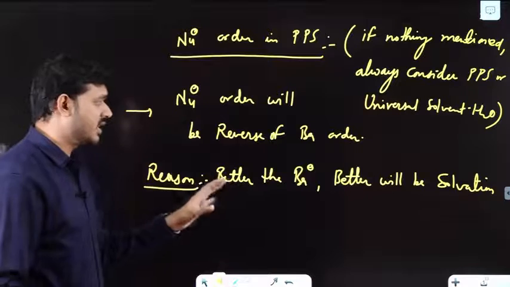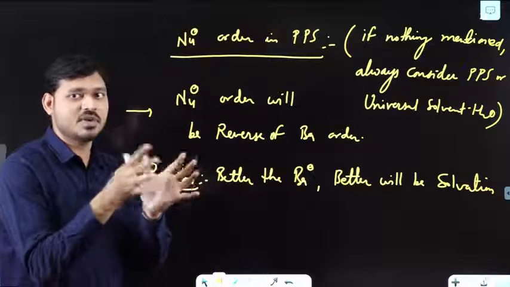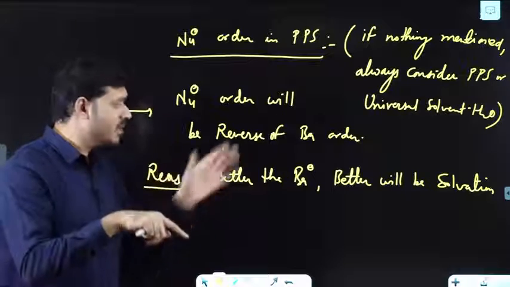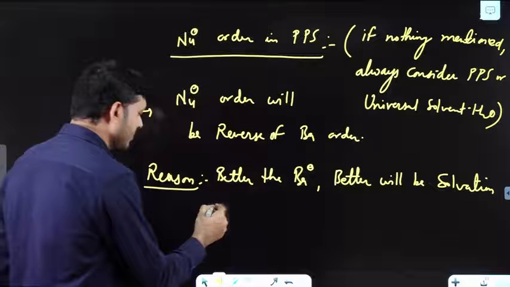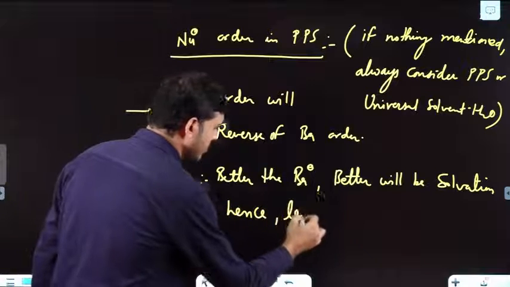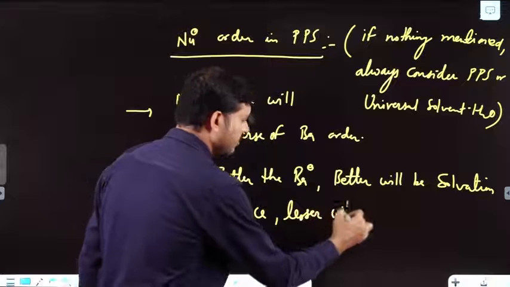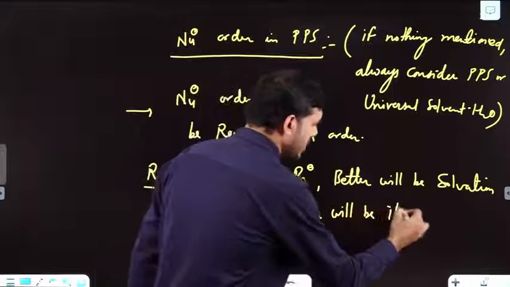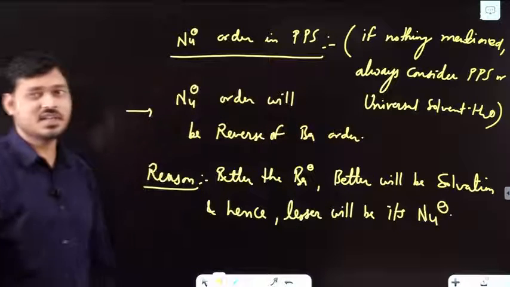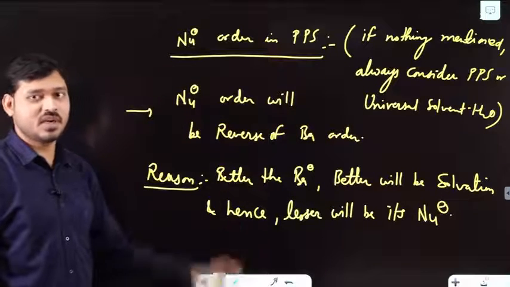The same species which you are taking acts as a base and as a nucleophile. The better its basicity, the better will be its solvation, and hence the lesser will be its nucleophilicity. I think, dear students, you have understood this point in detail.